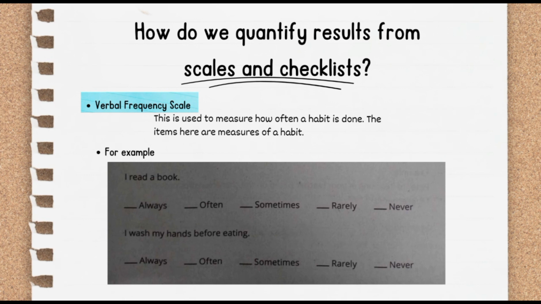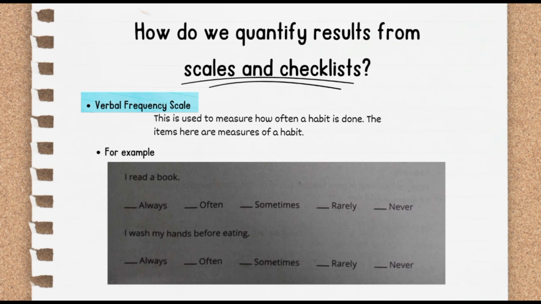For example, always has the highest and never has the lowest. So whatever the result of the responses, when the answers are summed, it will show whether the person always does this habit or not. If the score is high, of course, they always do it, and if low, they do not always do this habit.